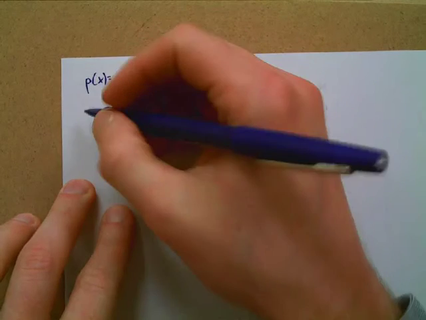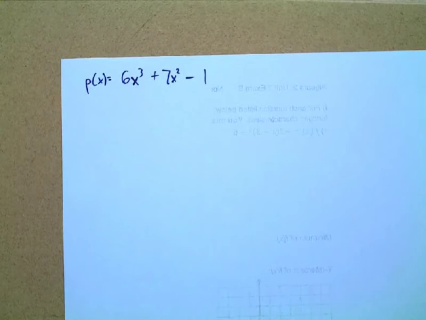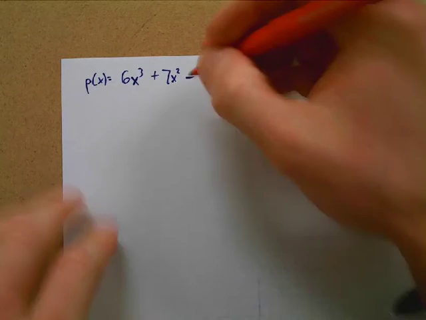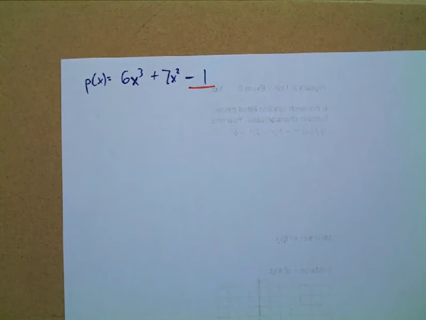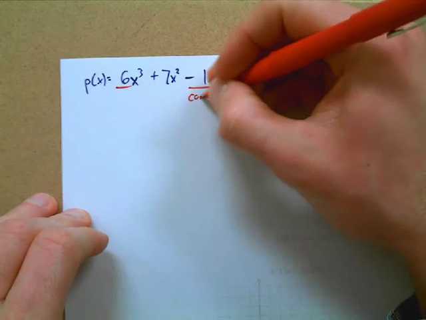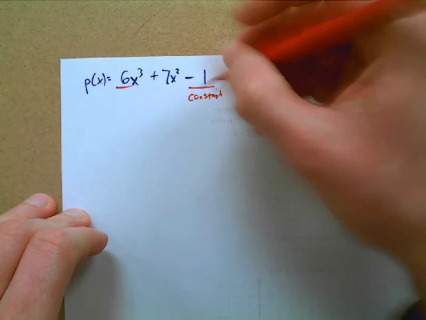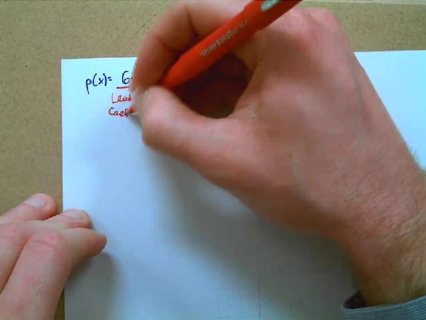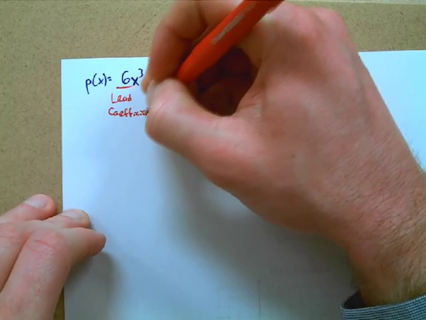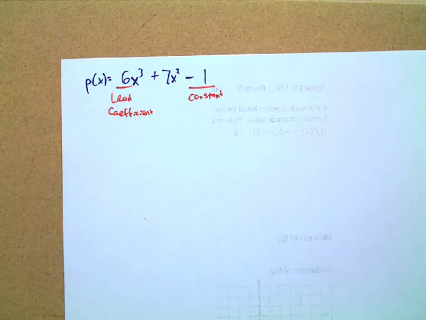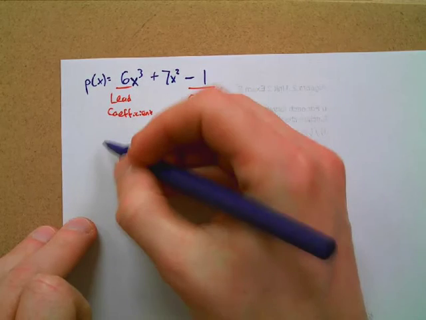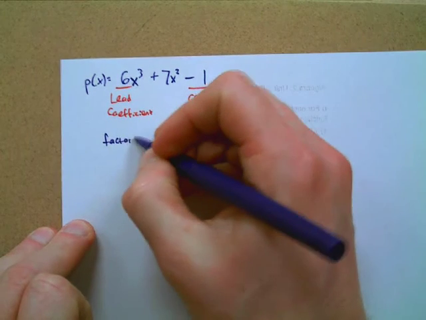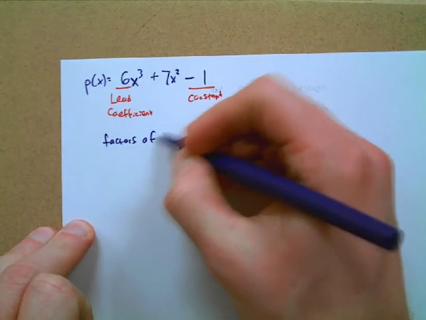We're stuck, okay. But we can use our rational roots here. So, what's our constant term here? Negative 1. Okay. What's our lead coefficient? 6. Okay, so constant, and then lead coefficient. So then, in the numerator are the factors of that constant, so the factors of 1.